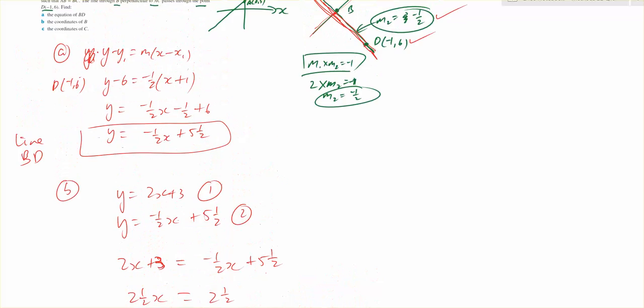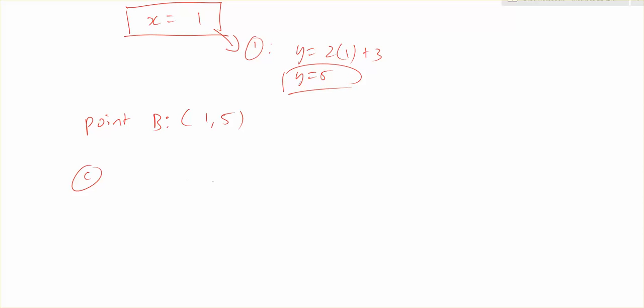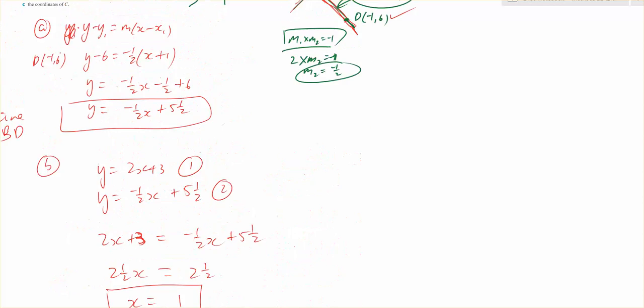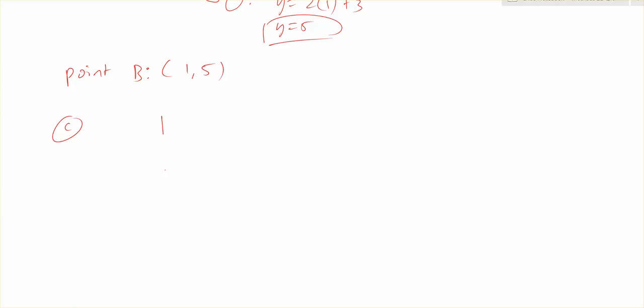Now for part C, it's a bit more tricky. We need to look at our original graph. We want to find the coordinates of C. We know that B and C lie on this line such that AB equals BC.